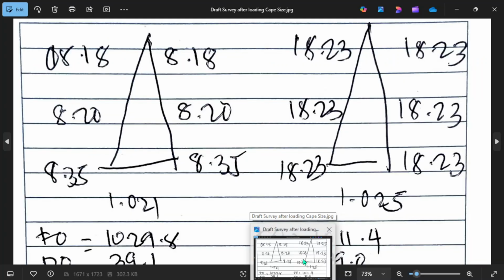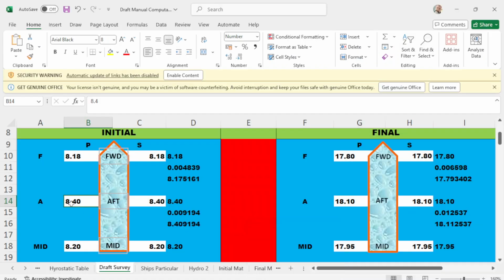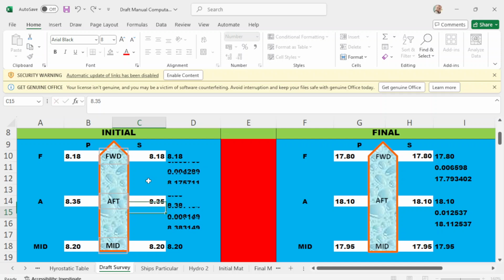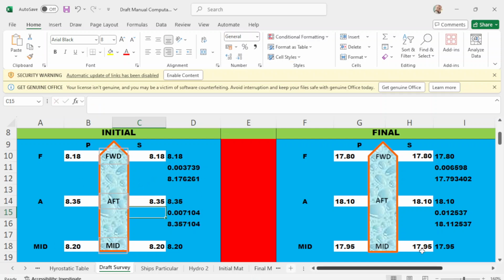Aft draft is 8.35. Put here 8.35, and your starboard will be 8.35. Okay. So you have your draft.